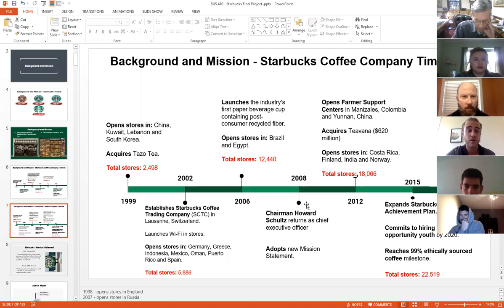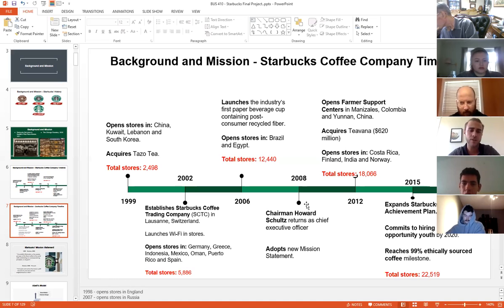In 2002, the company established Starbucks Coffee Trading Company, which is located in Switzerland, and it serves as a hub for purchasing coffee beans. It is responsible for purchasing all the coffee that is served in Starbucks around the world, and it operates 46 coffee houses.